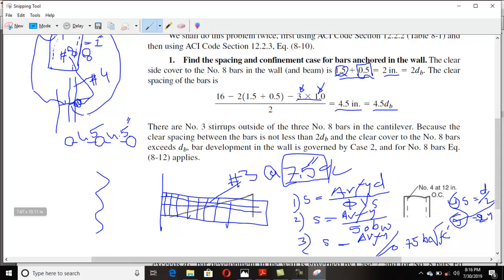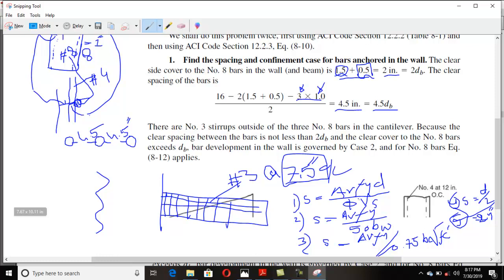So you will check these criteria, and if this spacing is lesser than the spacing you get from these criteria, then it is okay.